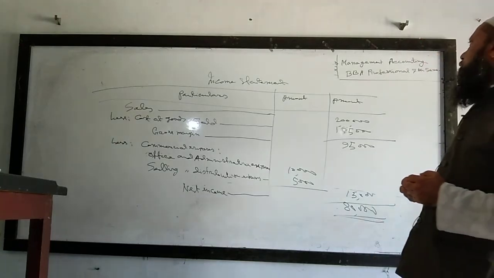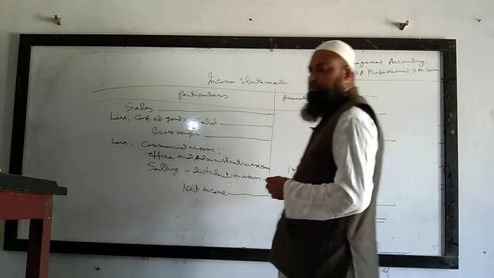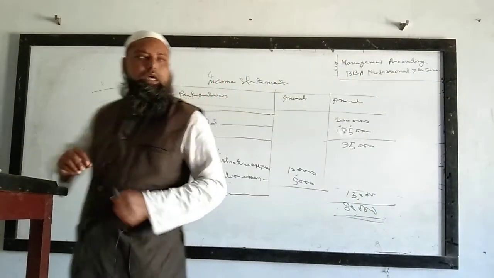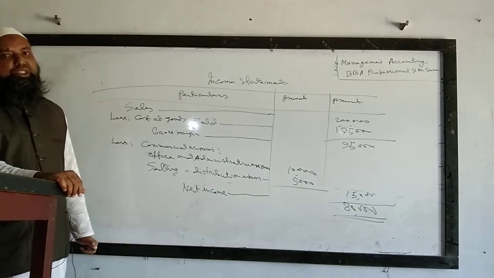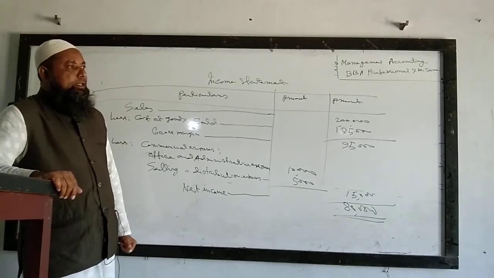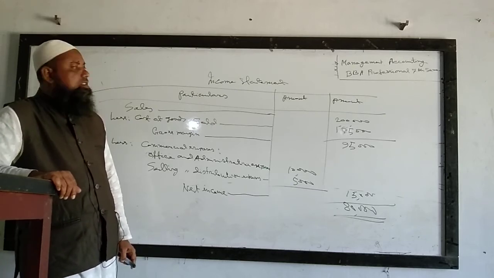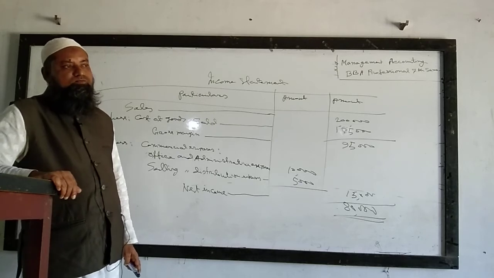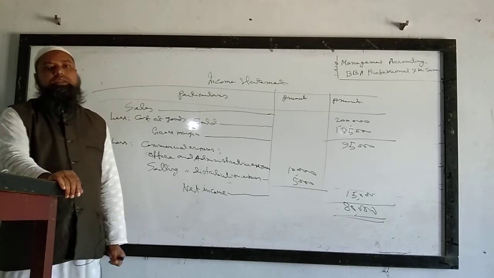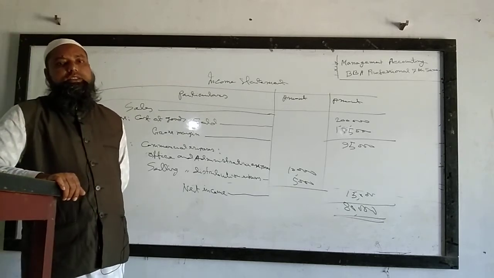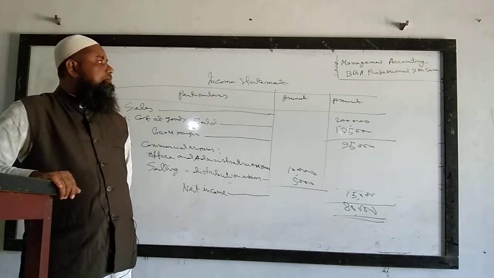So, we all are already understand how to prepare statement of cost of goods sold and how to prepare income statement. Next class we will discuss about most important topic in the management accounting, CVP analysis or cost volume profit relationship.